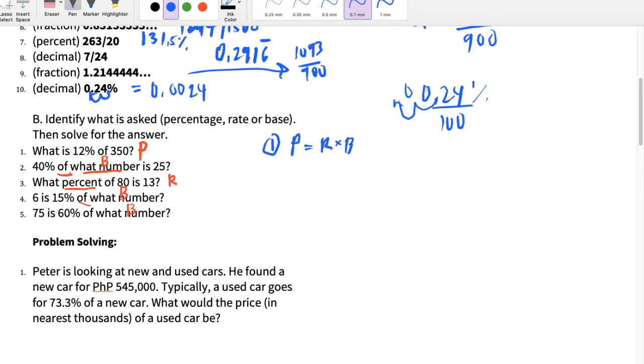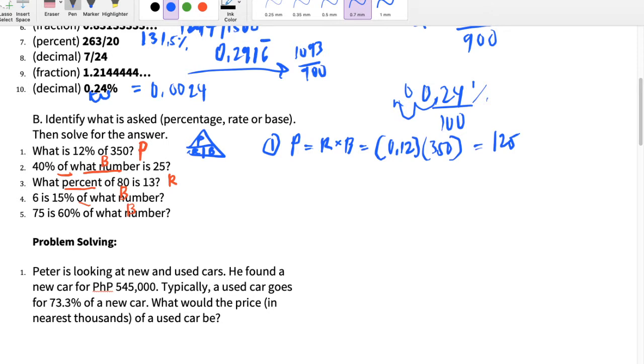Sige, bago natin isolve lahat, recall P over R, B. Okay? So, P is equal to R times B. 12% dapat naka-decimal form, 0.12 times 350. If you multiply that, you should get, ano makuha natin dito?